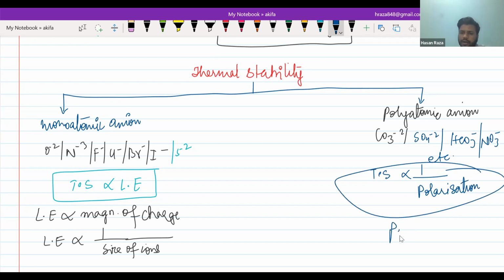And you know that polarization power, PP, is directly proportional to covalent character, which is inversely proportional to thermal stability. The compound which is more polar, or has more polarization power, will be more covalent, and the thermal stability of that compound will be lesser.